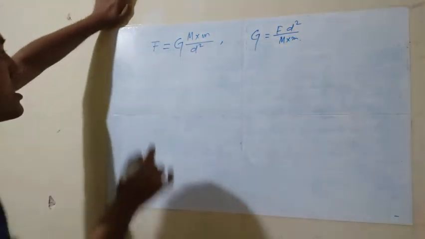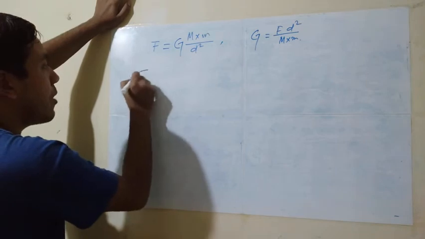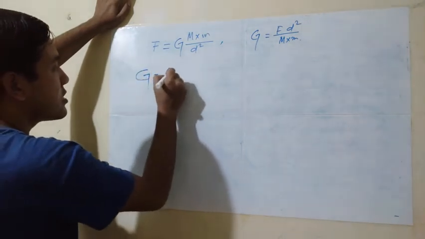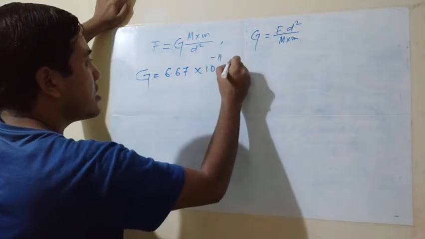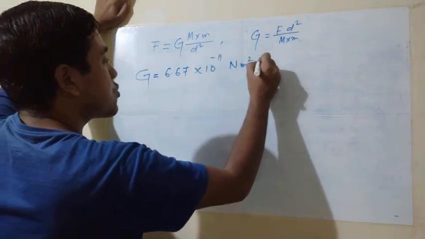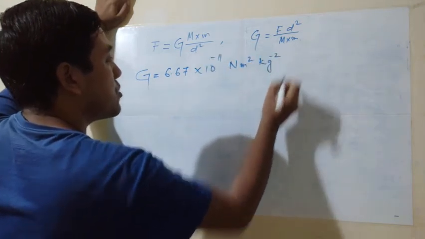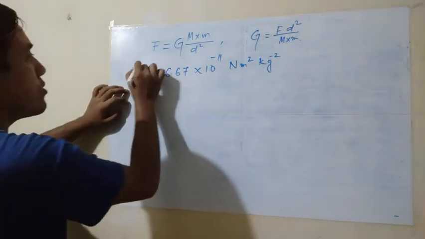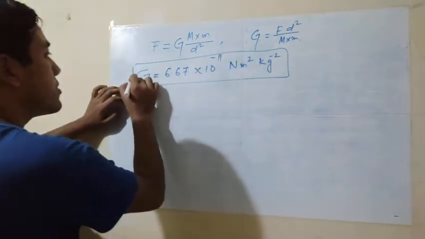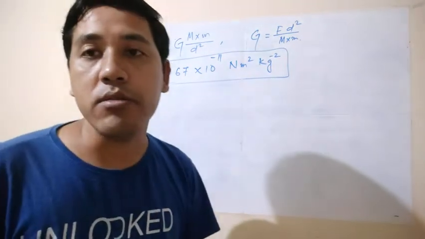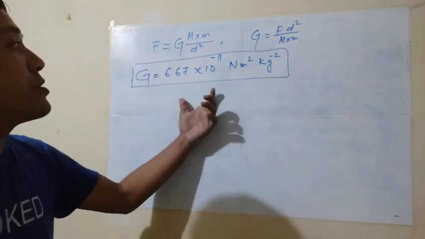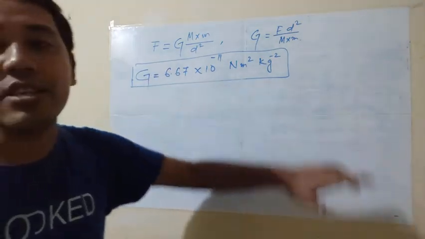The most important part today is that the value of G is constant, that is 6.67 into 10 to the power minus 11 newton meter square kg inverse 2. This constant value cannot be changed. By using this value of G, we can find out the value of the acceleration due to gravity.